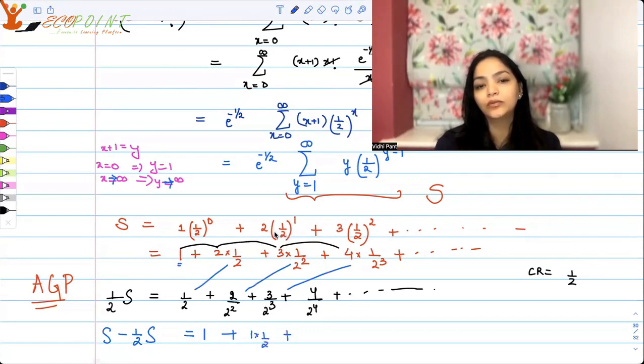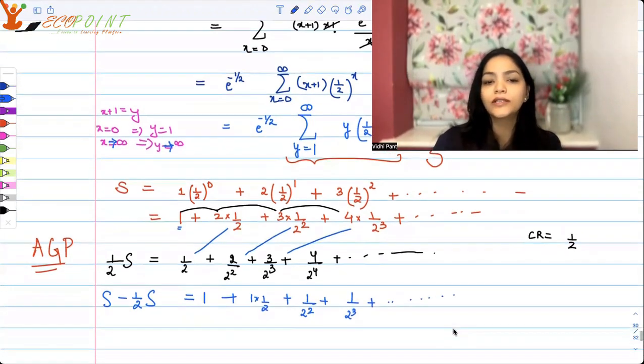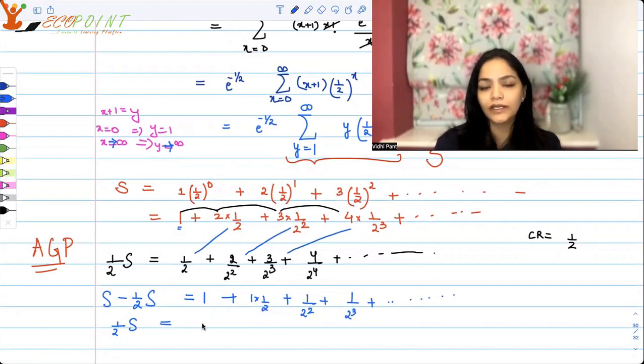Now 3 upon 2 square minus 2 upon 2 square will give you 1 upon 2 square. Similarly, the next one will give you 1 upon 2 cube, and so on. So what is happening is that you get a normal geometric series. That's the whole idea of solving like this.